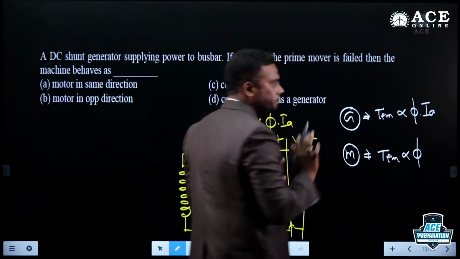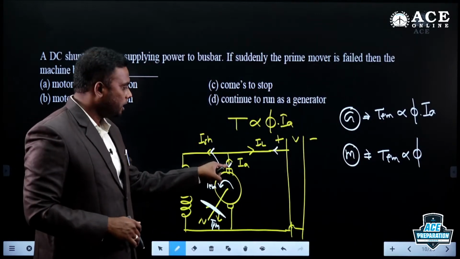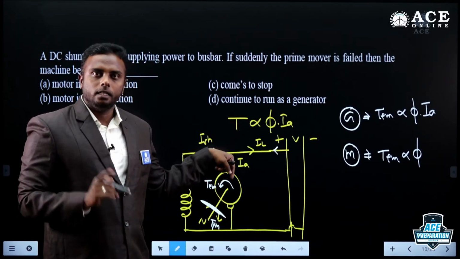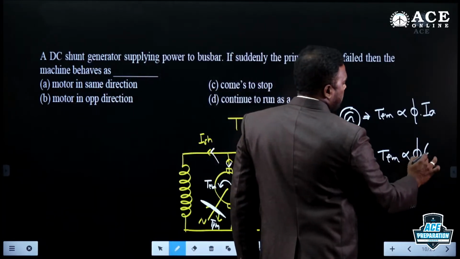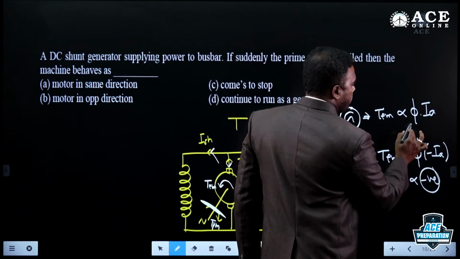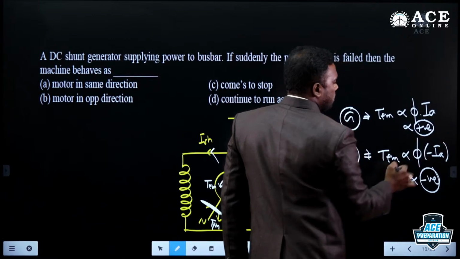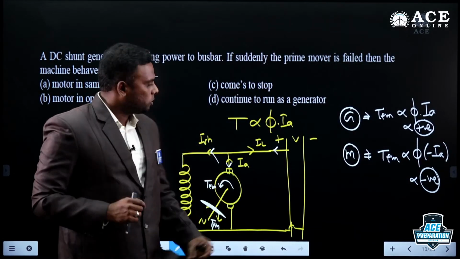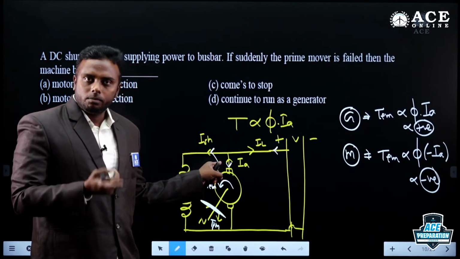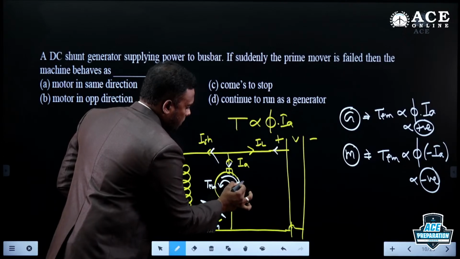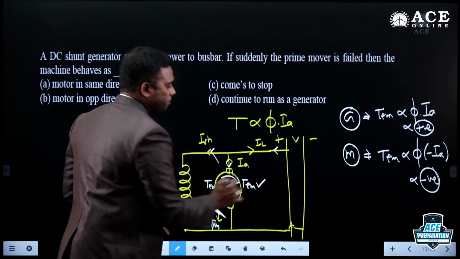But IA was previously supplied, and now it is taken in reverse, so I take it as minus IA. The overall value is negative, meaning the torque direction will reverse. So whatever internal torque was anti-clockwise in the generator, this torque direction will now reverse. This is the torque in the motor now.